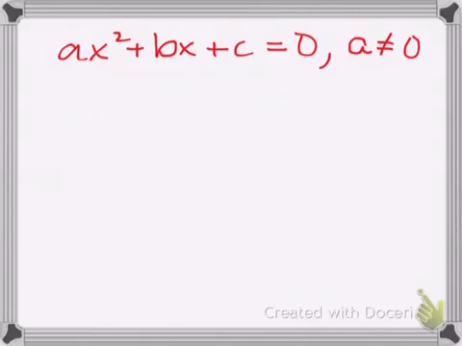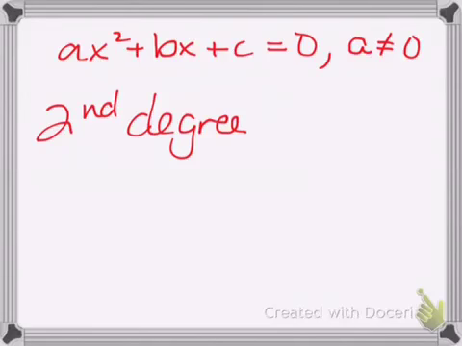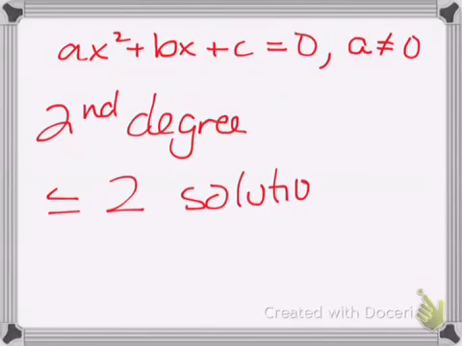So this quadratic equation is a 2nd degree polynomial equation, and so we're expecting it to have how many solutions? It could have up to two solutions, right? Less than or equal to 2 solutions. So we have to learn to find 2 different answers to these polynomial equations.